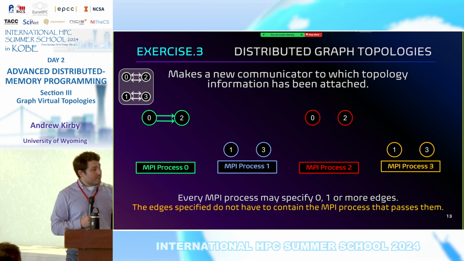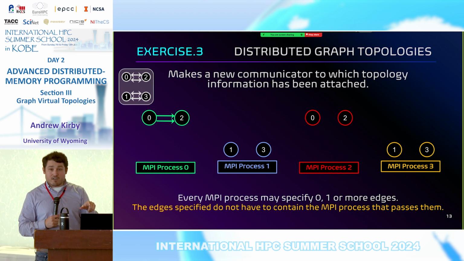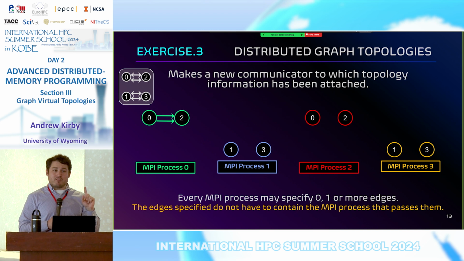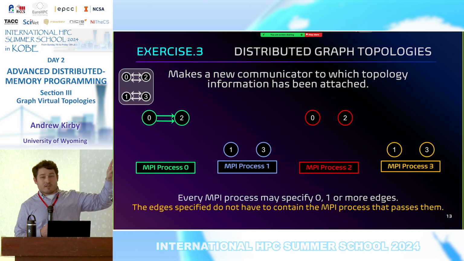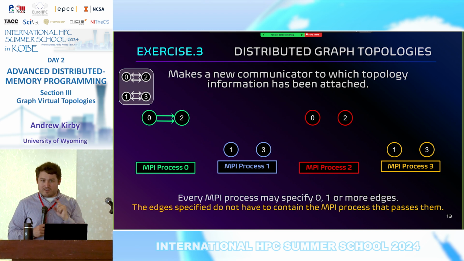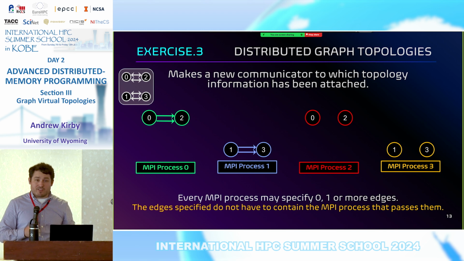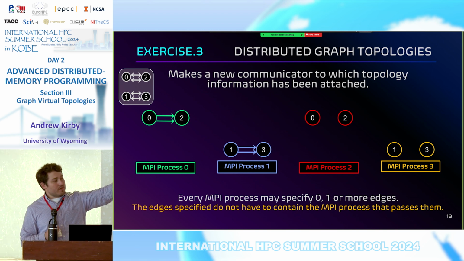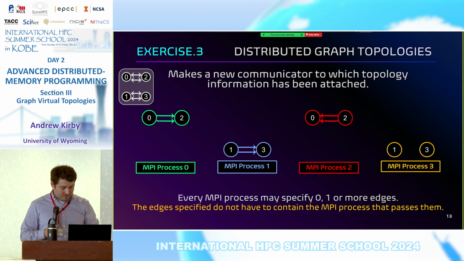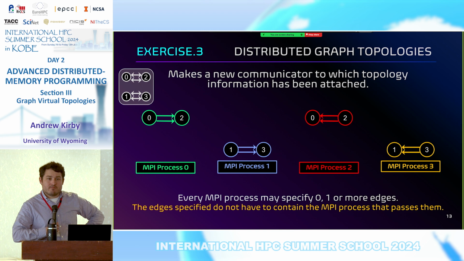Here you can see that process 0 is going to be responsible for constructing the outgoing communications between 0 and 2. On rank 1, it's going to be responsible for the outgoing communication edges from 0 to 3. On 2, it's going to do the reverse, so 2 talking to 0, and 3 talking to 1.